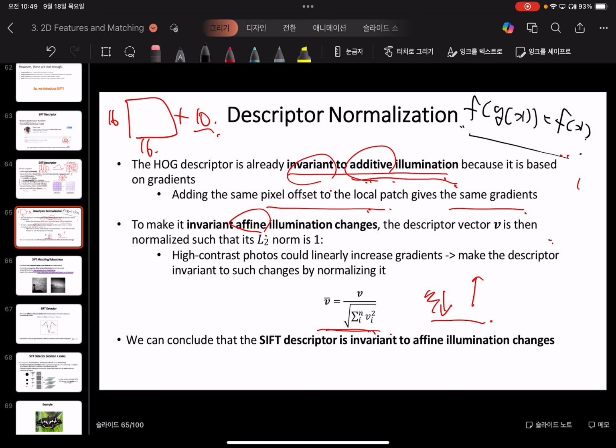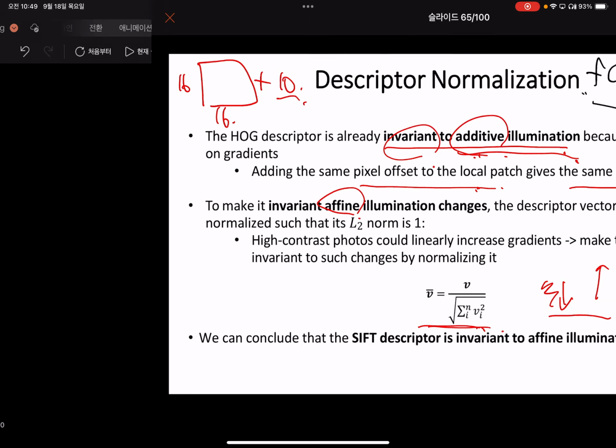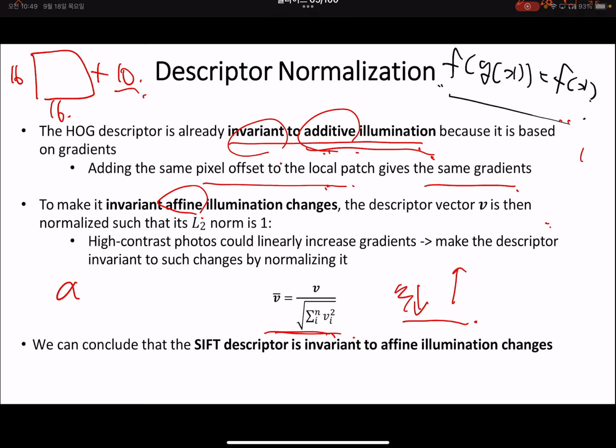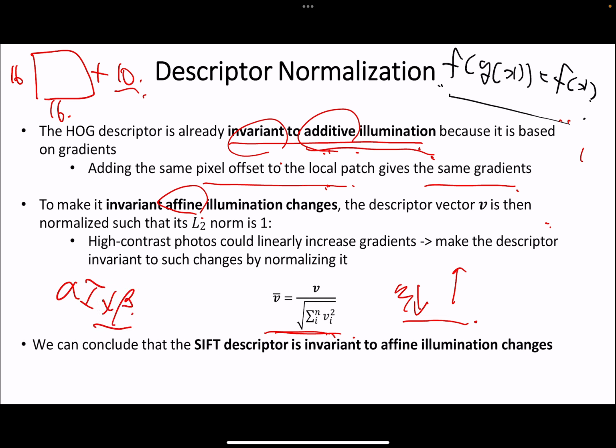So alpha I plus beta, and plus beta is already invariant because the HOG descriptor is already invariant to additive illumination changes, right? So our SIFT descriptor is already invariant to this plus beta term, and multiplied by alpha, we normalize it, so the alpha just cancels when we normalize it. So for this kind of affine illumination changes, our SIFT descriptor is invariant.